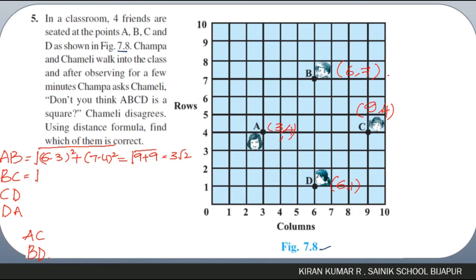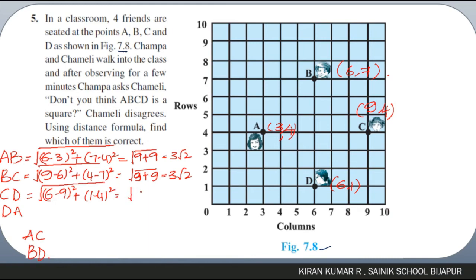The length of BC is 9 minus 6 whole square plus 4 minus 7 whole square. Again, the differences are 3 each. On squaring, we get 9 plus 9, which is nothing but 3 root 2. The length of CD is 6 minus 9 the whole square plus 1 minus 4 the whole square.